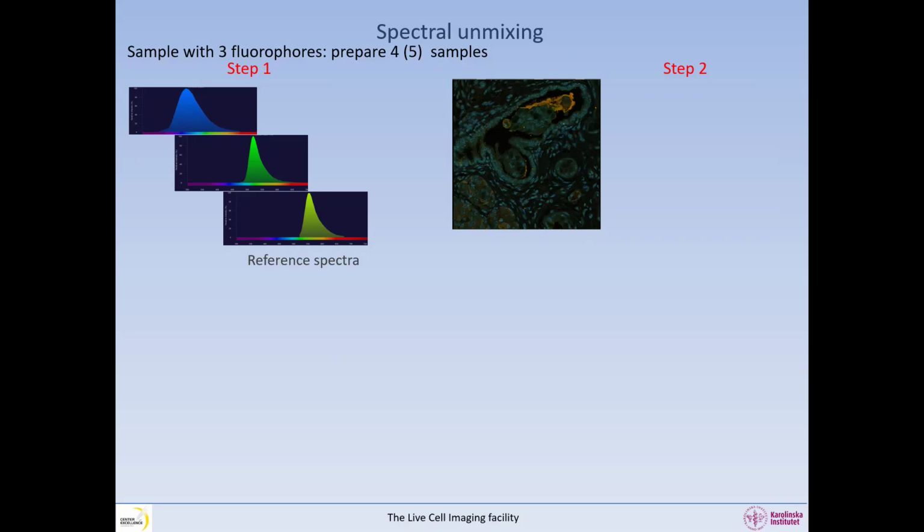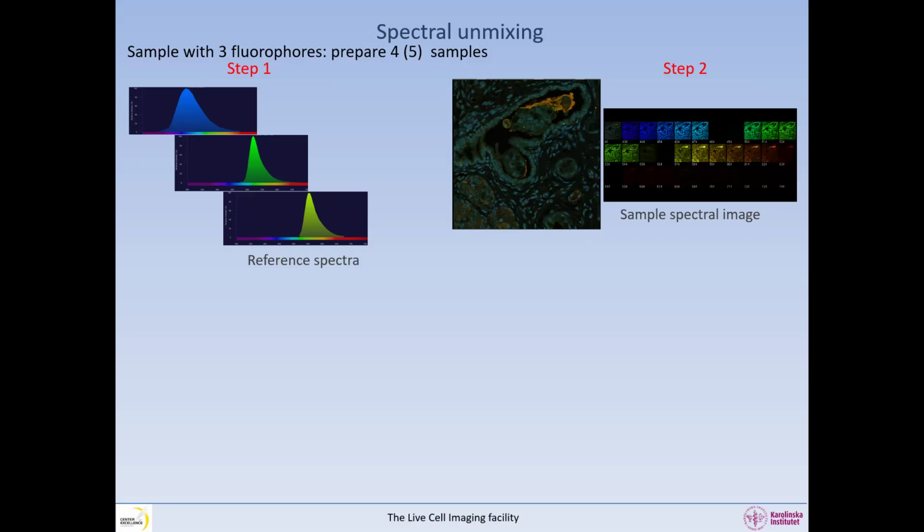In the step 2, we take our real sample with all fluorophores together, and we take an image, and this is how it can look like. Since we have bleed through between all our fluorophores, we cannot really know the contribution of each of the fluorophores in each pixel.